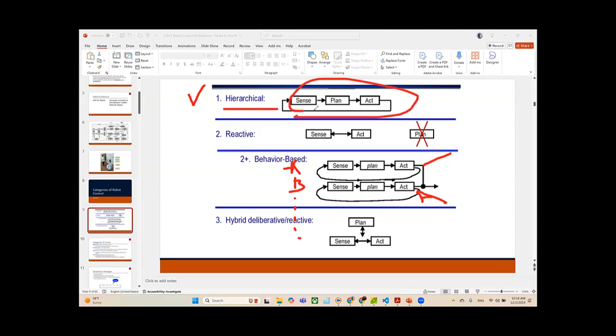Because with a hierarchical system, if you are overloaded by a saturated attack, your computer may not plan quickly enough, so your system may be bombed before you take action. That's not good. So you put multiple plans together in order to improve your behavior, and based on your behavior, you decide which plan A, plan B, or plan C you will use.